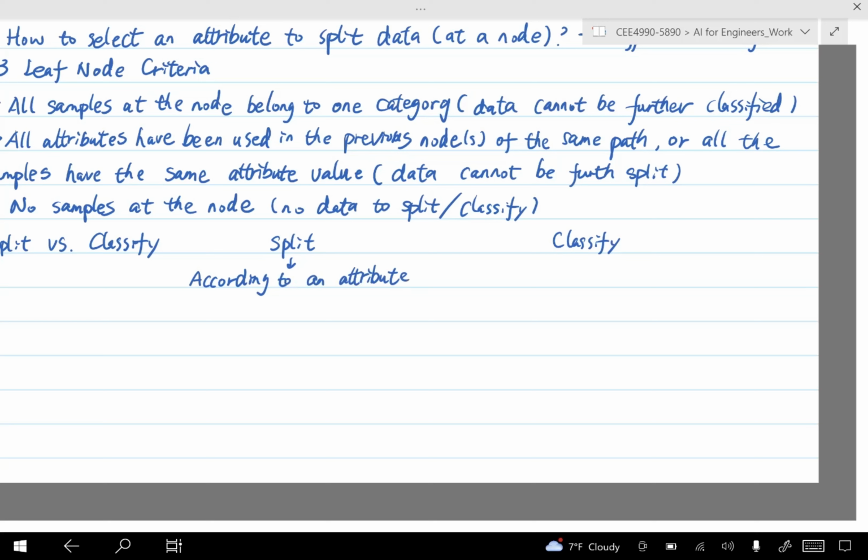Depending on how many attribute values we have, then we need to split the data into how many data sets. And we need to generate subsets. And you will find that each subset, they may contain data or samples belonging to multiple different categories. It's possible. Sometimes belong to one category, sometimes belong to multiple categories.